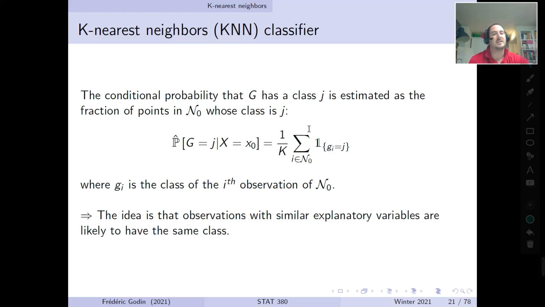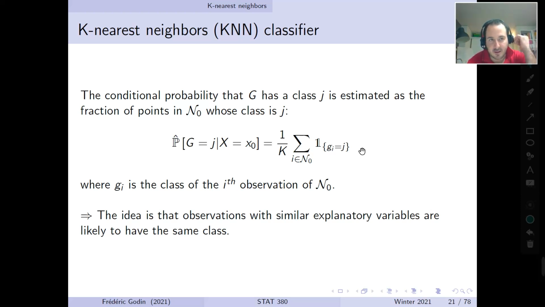So this method estimates the probability of being in class j for your new observation as the average across all nearest neighbors of an indicator which is 1 if the observation falls in class j and 0 otherwise. This quantity is basically the proportion of observations in class j among the nearest neighbors.